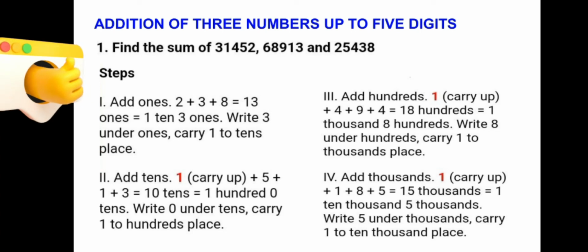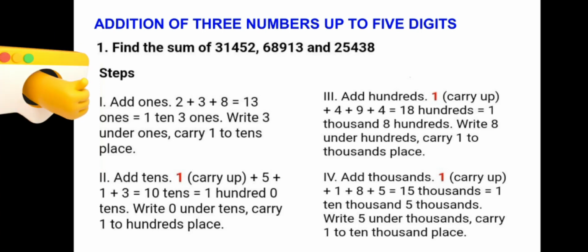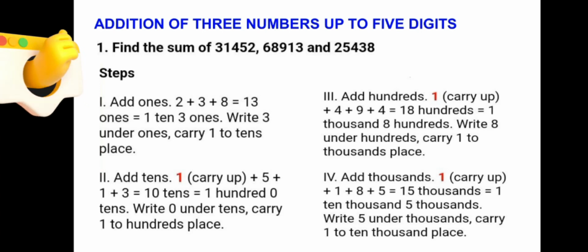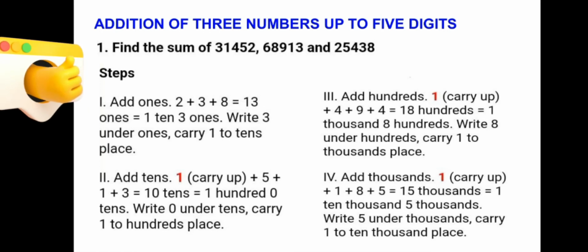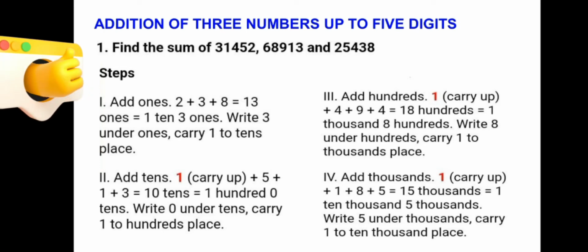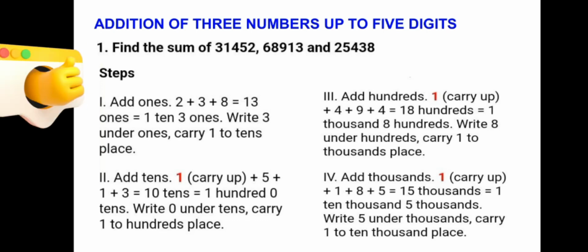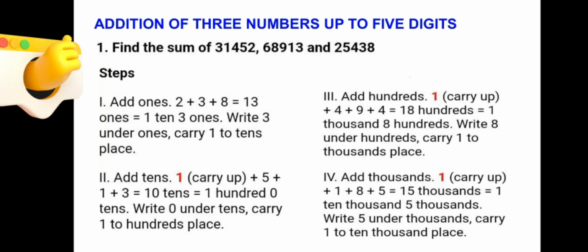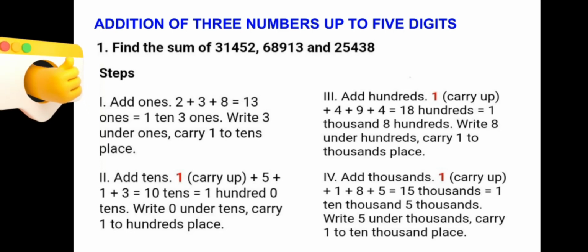ones, that is all the numbers under ones place value. So we have 2 plus 3 plus 8, so we have 13. So we write 3 under ones, carry 1 to tens place.